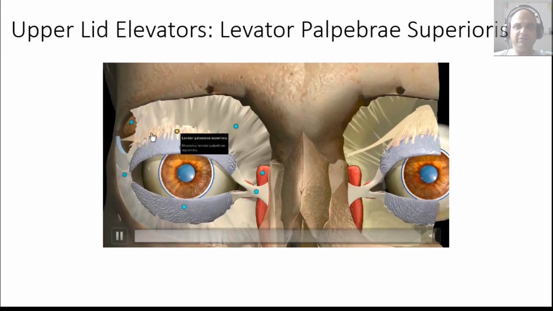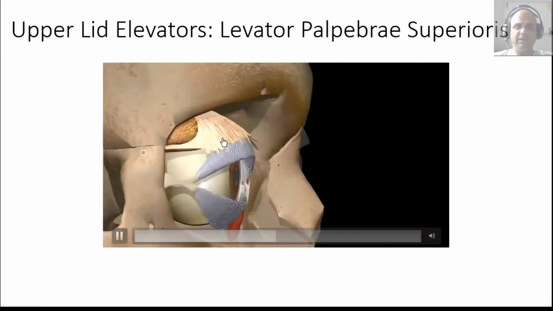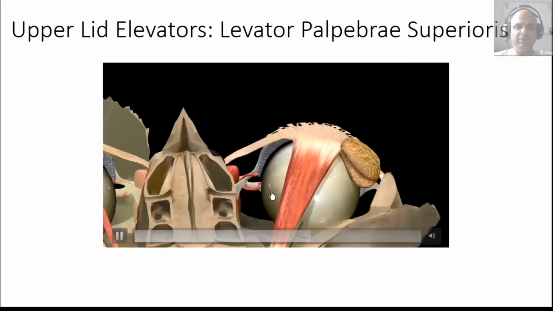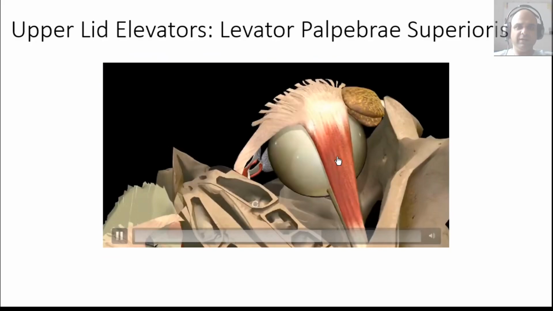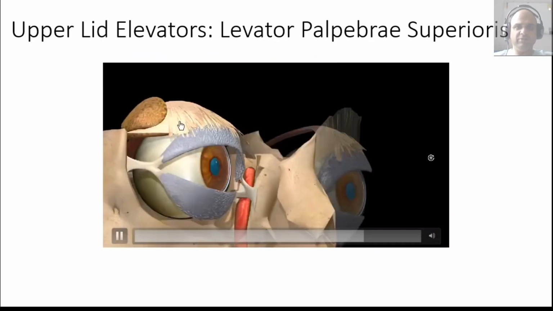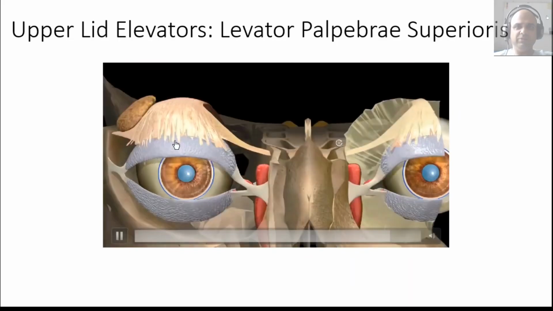In order to do that, we would need to remove the orbital septum, which we'll just do. So this is the levator palpebrae superioris, attaching onto the tarsal plate. We'll remove the roof of the orbit, and this is how it travels from the orbital apex, from its origin, all the way to its insertion onto the tarsal plate and to the skin of the upper lid.